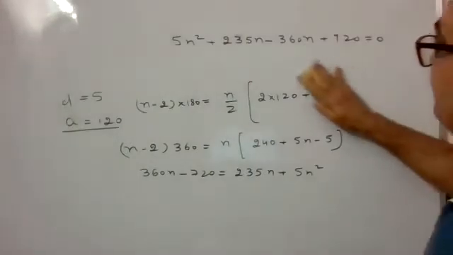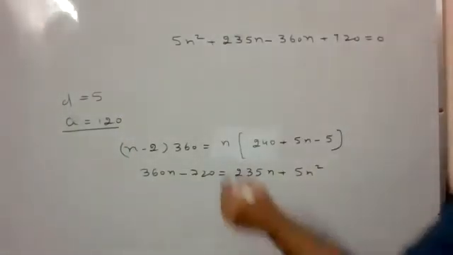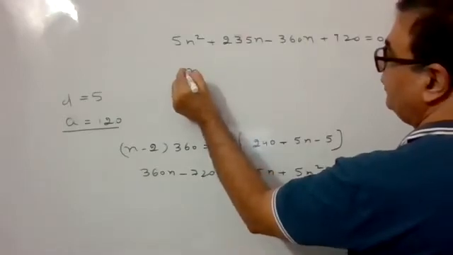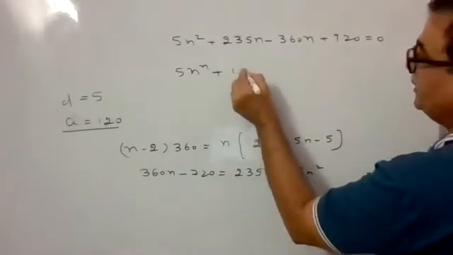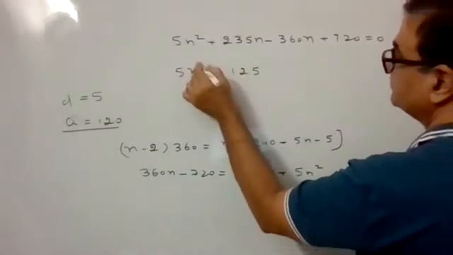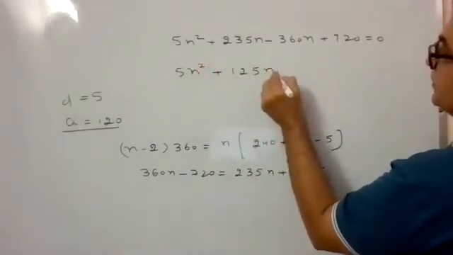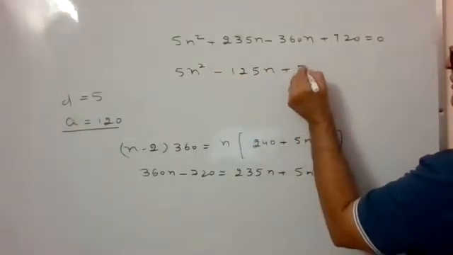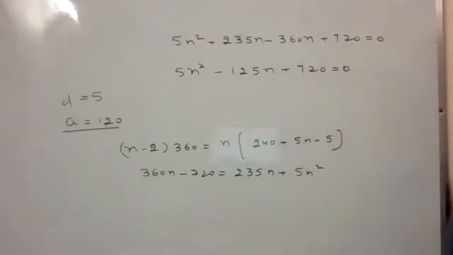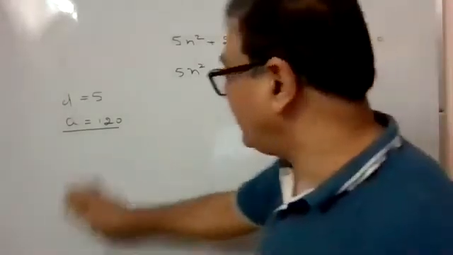Clear? When you solve it, 5n square plus how much remains? 125n minus, plus 720 equals 0. Then I take 5 common here.